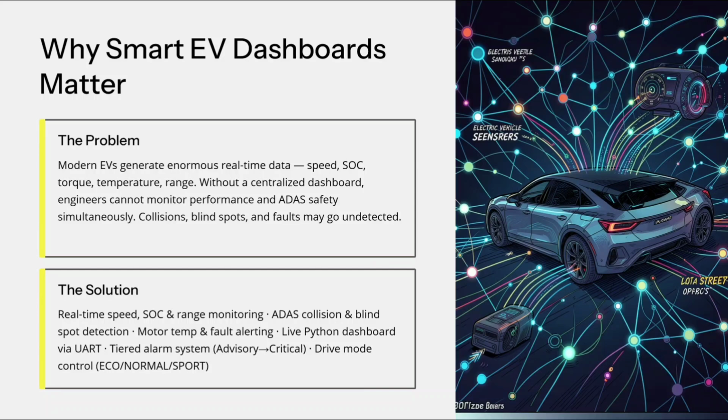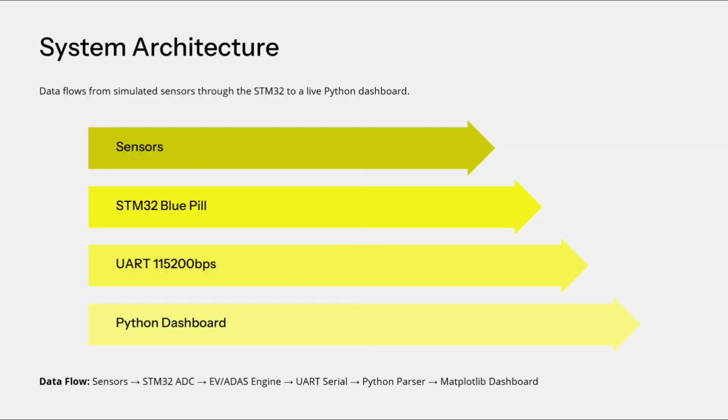If it gets even closer, it will take decisions accordingly. The solution is real-time speed, SOC, range monitoring, ADAS collision and blind spot detection, motor temperature and fault alerting, live Python dashboard over UART, alarm system, and drive mode control. These all will help in such cases.